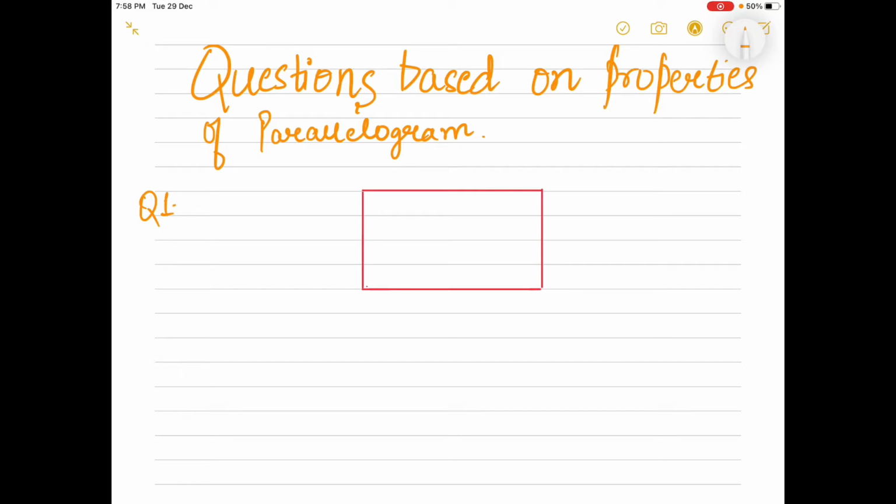So our first question is, we have to prove that each angle of a rectangle is a right angle. It means assume that this is a rectangle ABCD, and we have studied that in a rectangle one angle is a right angle.